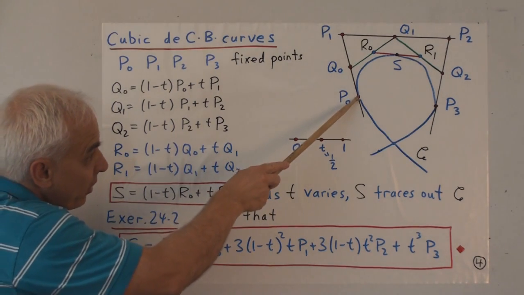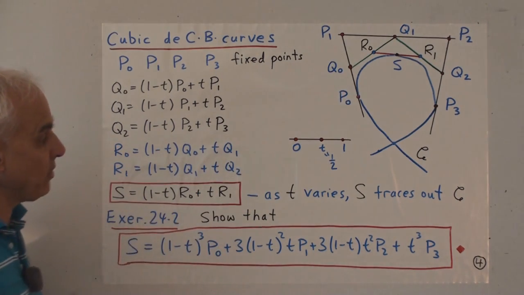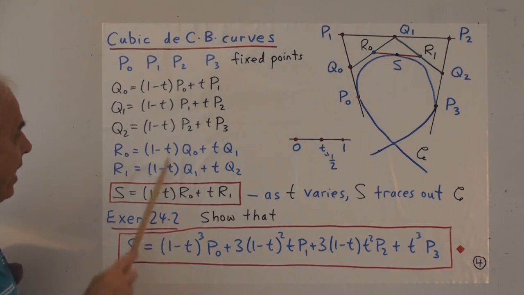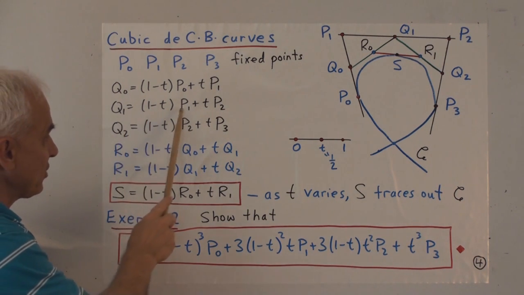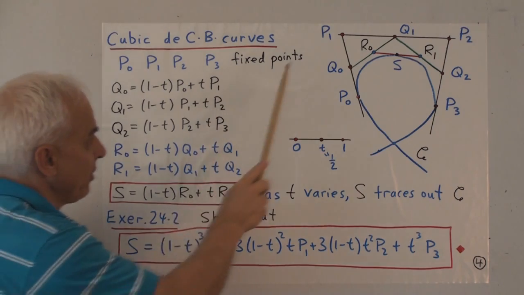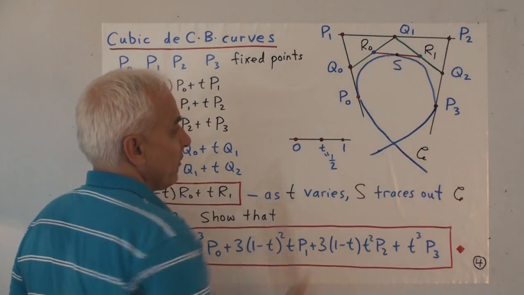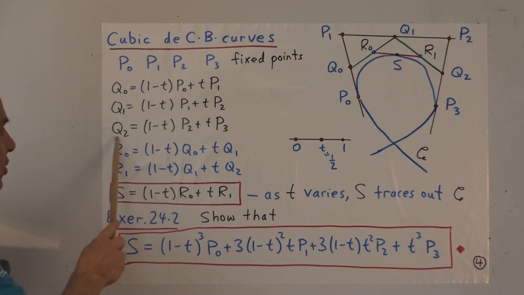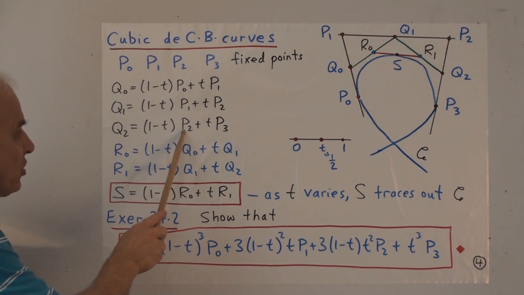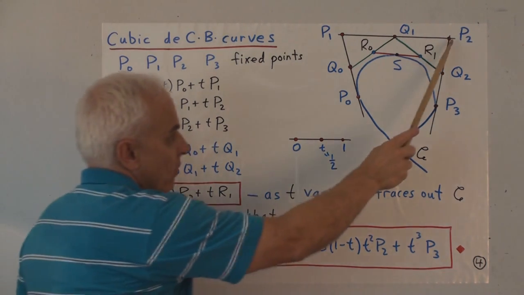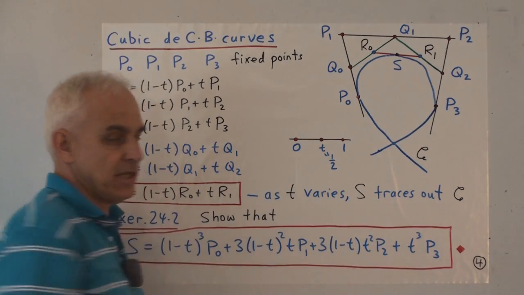So there's Q0 going from here to here, as t goes from 0 to 1. And Q1, a convex combination of P1 and P2, going from here to here, as t goes from 0 to 1. And Q2, a convex combination of P2 and P3, going from here to here, as t goes from 0 to 1.